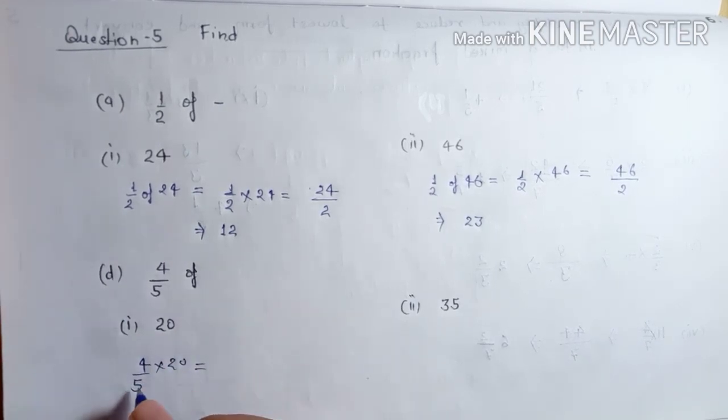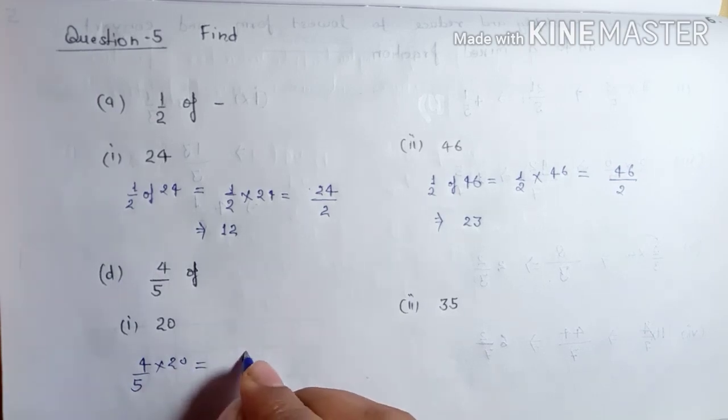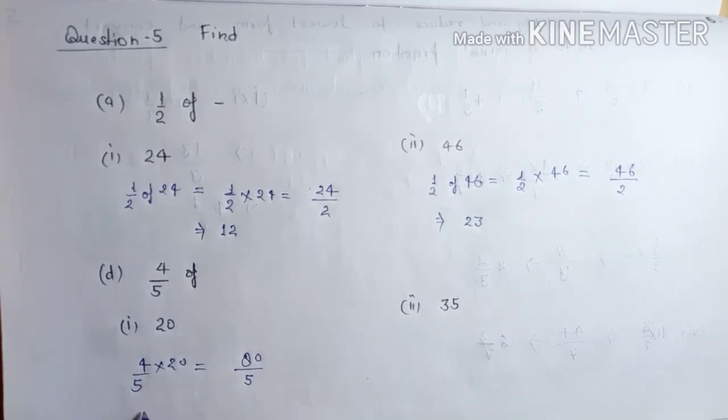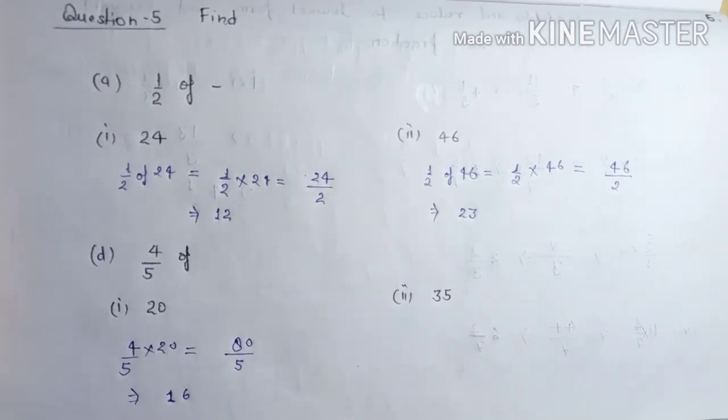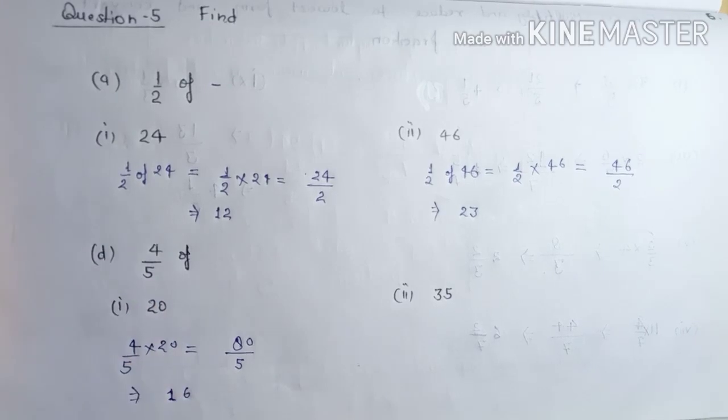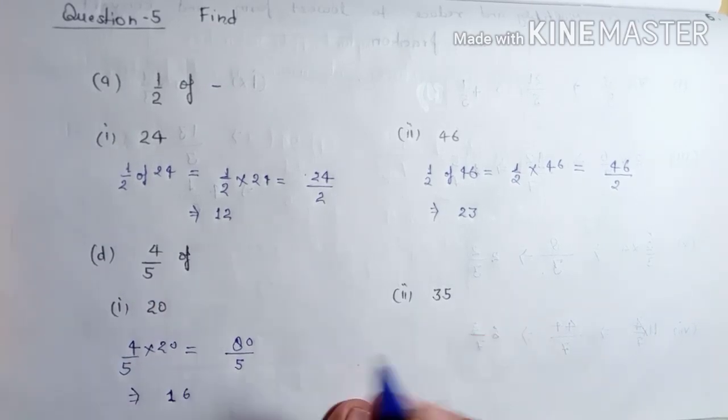Now that will be 80 upon 5, and what is that? 5 16s are 80, that is 16. So here 16 is your answer. What we did, we multiplied the fraction and the number. 4 upon 5 of 35.